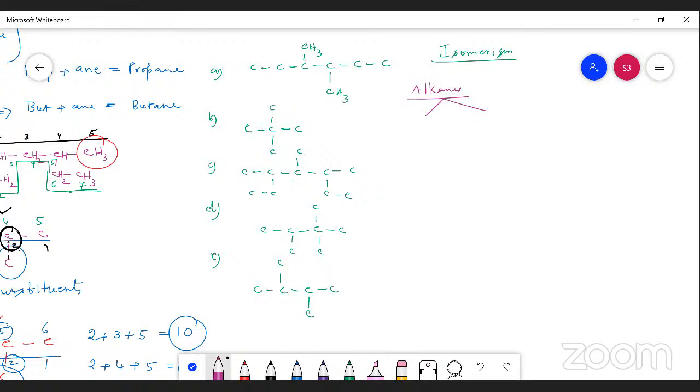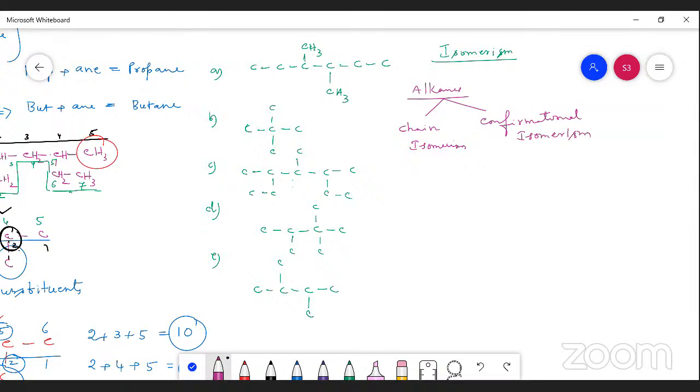One is chain isomerism, and the second one is the special isomerism that only alkanes can show, that is conformational isomerism. These are the two isomerisms that alkanes can show.